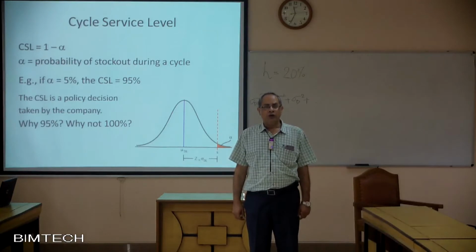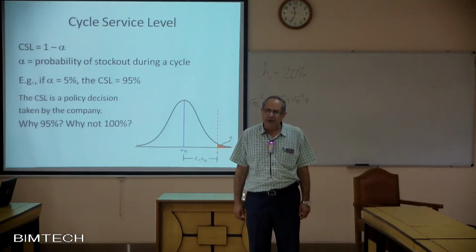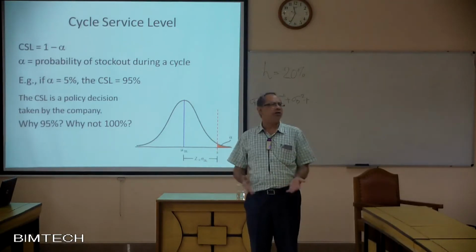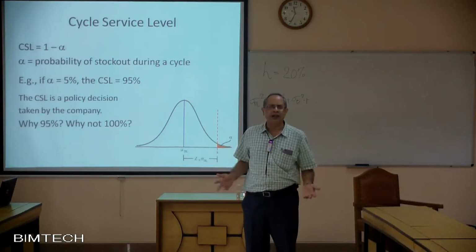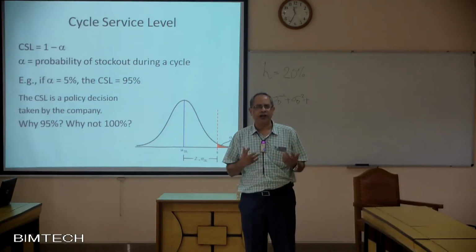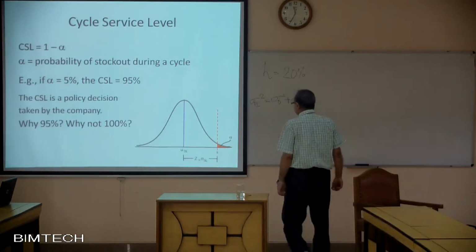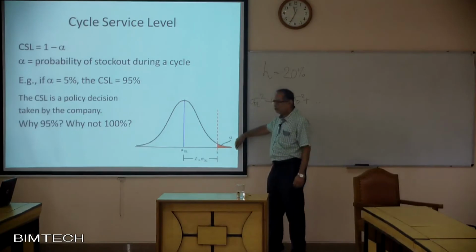Now, a very interesting question here is, is it an arbitrary number? Do we just go ahead and say, oh, let it be 90% or 99% or 95%? What really determines this 95% or 99% or 90%? To understand that, let's say that I increase my CSL.